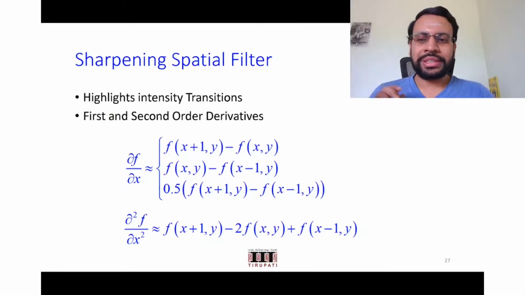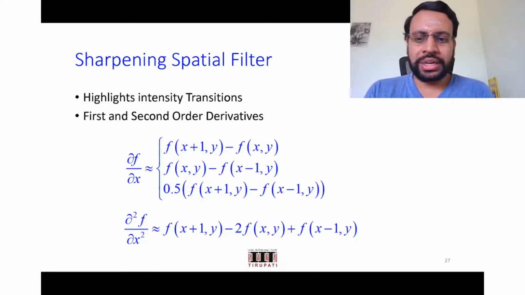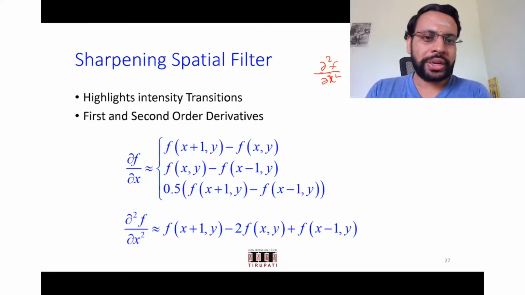Now let us take a look at how the second order derivative would look for a 2D image. For that, let's first find out a discretized version of it. Let's say I want to find out dou square in the x direction. I want to find the second order derivative, which would be dou square f by dou x square.